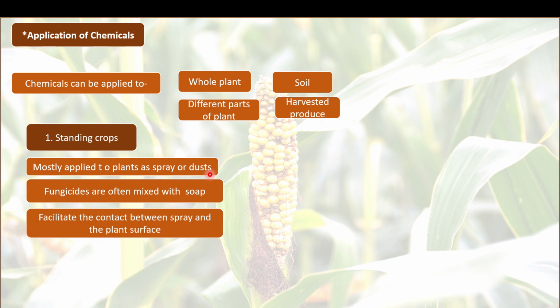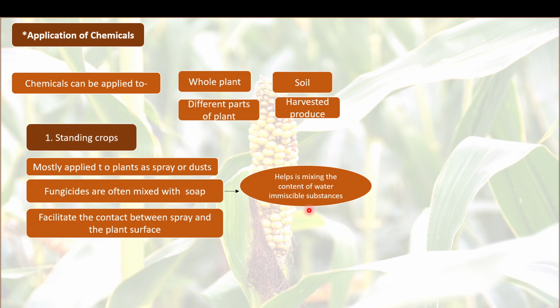Whatever fungicides you use are often mixed with soap, because soap helps in facilitating the contact between the spray and the plant surface, right? Soap also helps in mixing water-immiscible substances.